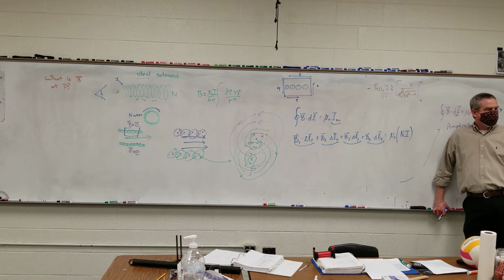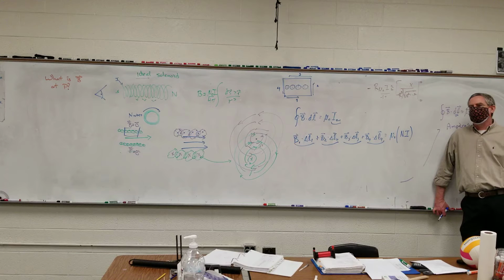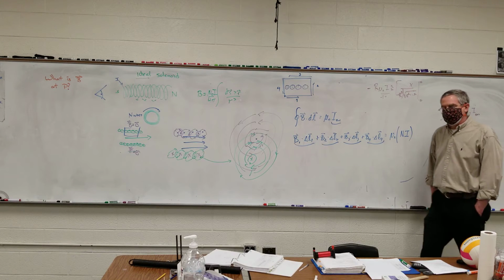2 and 4. Why? Okay, it is indeed 0. But why are 2 and 4 0? Because those are going up and down, and the current's going right, while the magnetic field's going right. All right, we got 2 explanations.